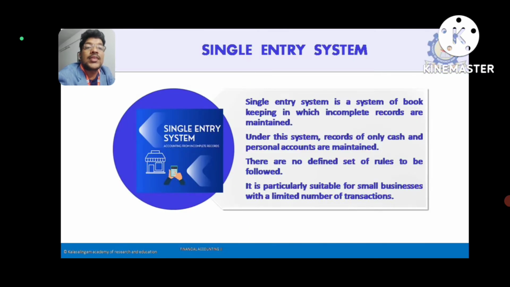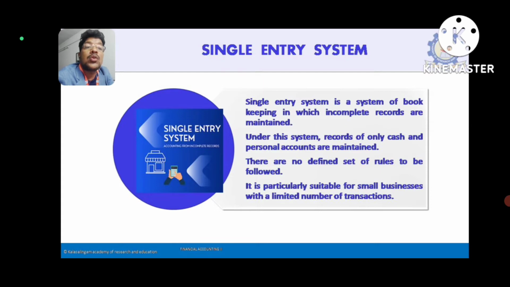The single entry system is a system of bookkeeping in which incomplete records are maintained. This accounting system is also known as accounting for incomplete records, because it doesn't follow any kind of rules, principles or regulations, just like the double entry system.